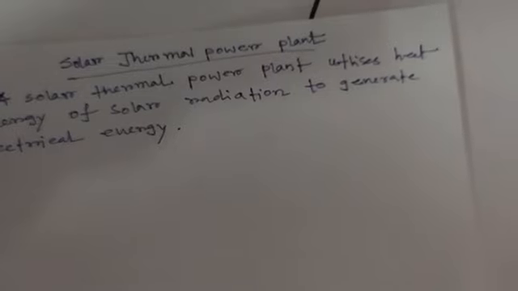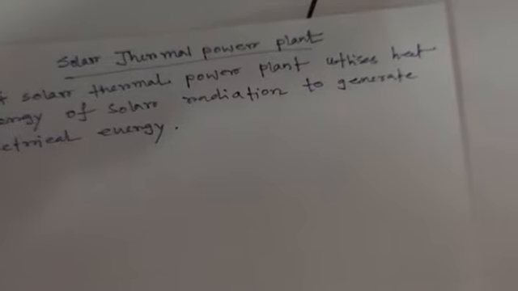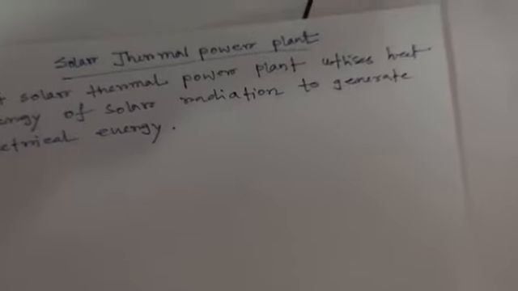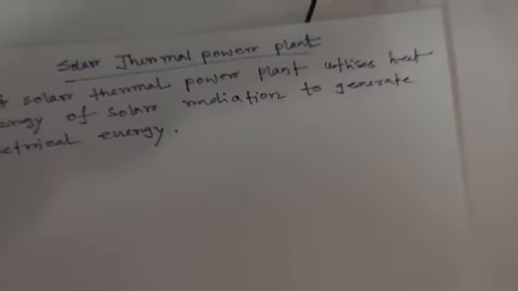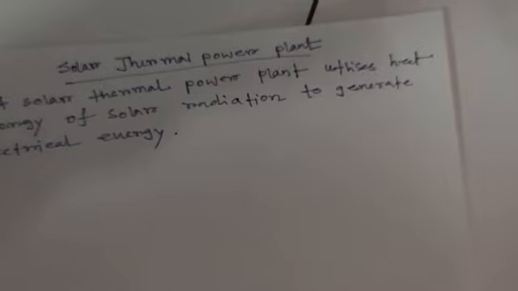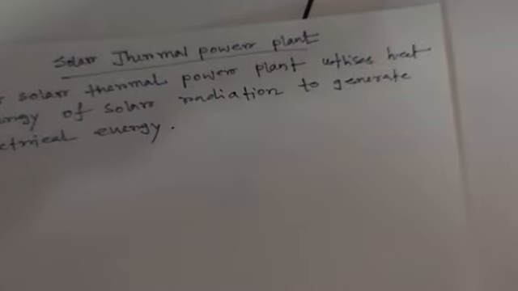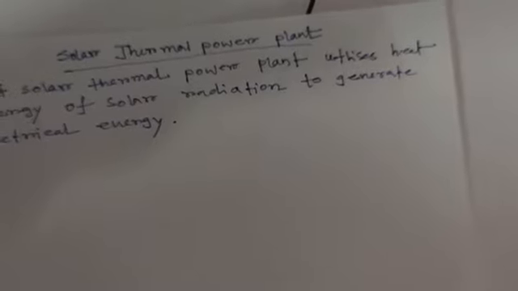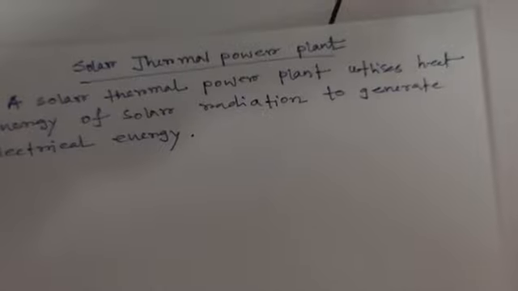This steam is then used to turn a turbine in a power plant, and this mechanical energy is converted into electrical energy by a generator. This type of generation is essentially the same as electrical generation in other power stations.